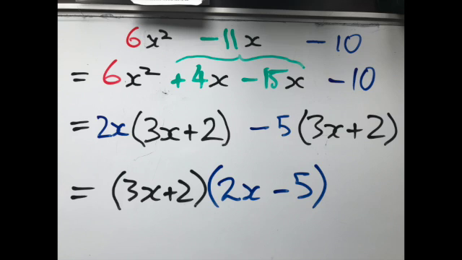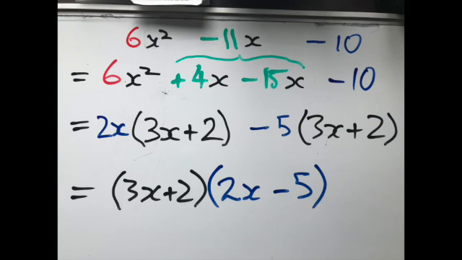In case you can't see what I've done there, I've got the 6x squared plus 4x. I'm just ignoring the rest of it. I'm finding a common factor between those two terms of 2x, and I'm dividing 6x squared by 2x. That's where I get the 3x from. And I divide the 4x by 2x, which just gives me 2.